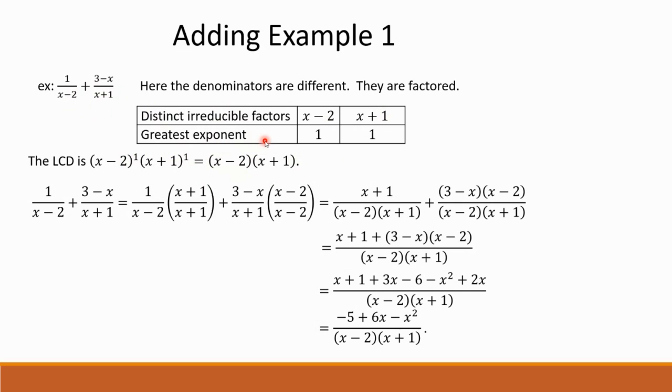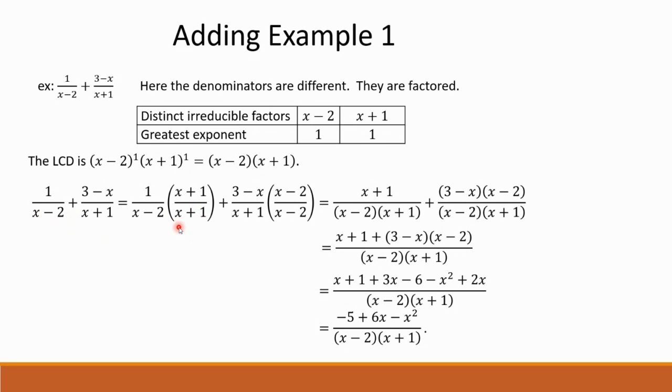So we have 1 over x minus 2 plus 3 minus x over x plus 1, right? That's the original. We want to manipulate each one here so that the denominators are the same. So we have 1 over x minus 2 times, again, we want the denominator to be this product. Well, from here, we're missing x plus 1, right? We have x minus 2, but no x plus 1 here, so we're going to multiply by it.